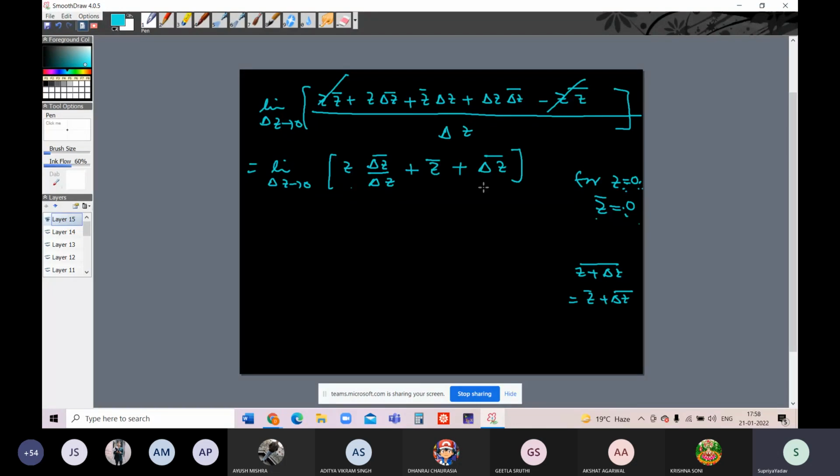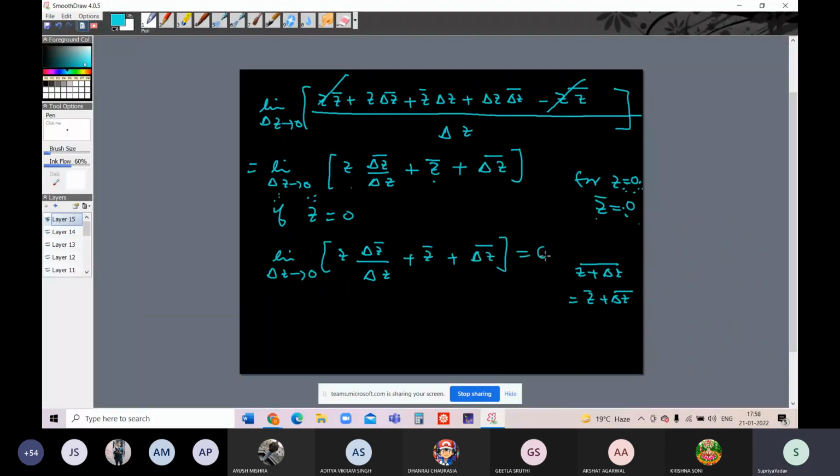Obviously z bar is also 0, and here delta z is approaching 0, so delta z bar also approaches 0. So if z is 0, obviously this limit will be 0. Limit delta z tends to 0 of z delta z bar upon delta z plus z bar plus delta z bar will be 0.